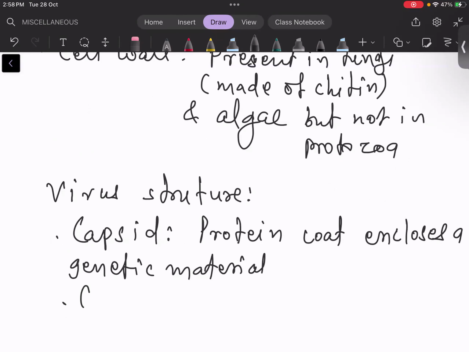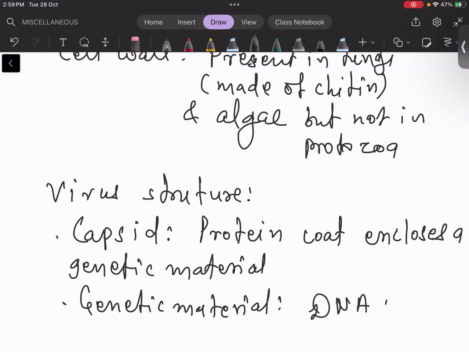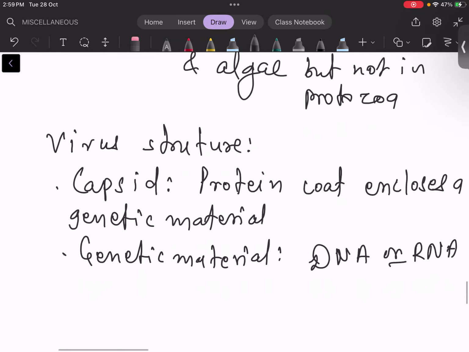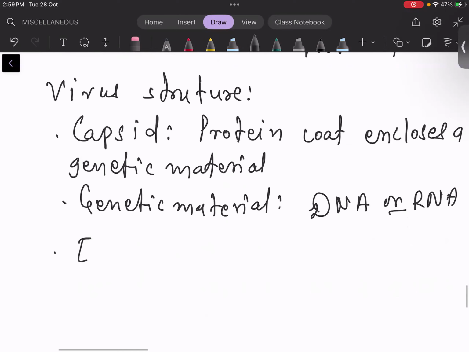Then, what is genetic material? DNA or RNA. Then it also consists of an envelope.